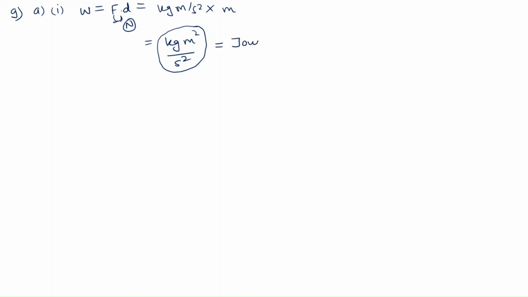Work done is given by F into D. We also know force has the unit Newton. So we can write kilogram meter per second square into D. D means meter. And we got kilogram meter square per second square. Recall this is called Joule.